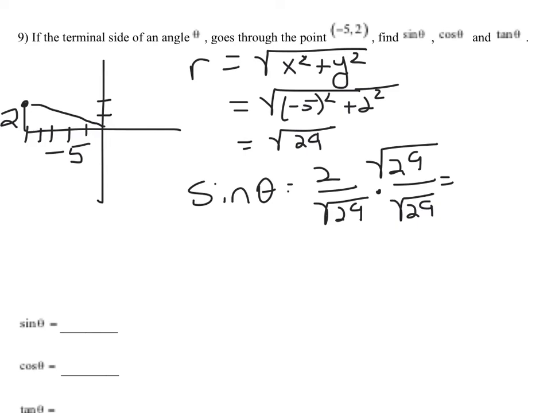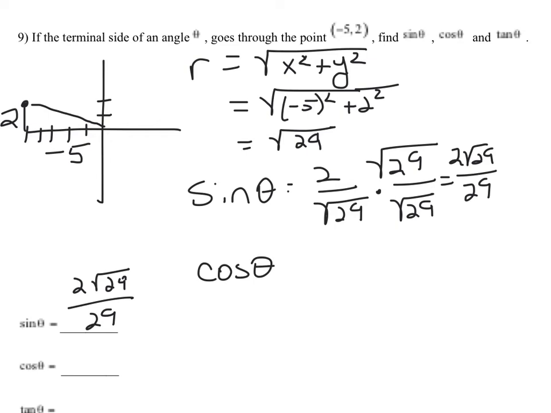This gives us 2 root 29 over 29. And that will be our sine of theta. So 2 root 29 over 29.